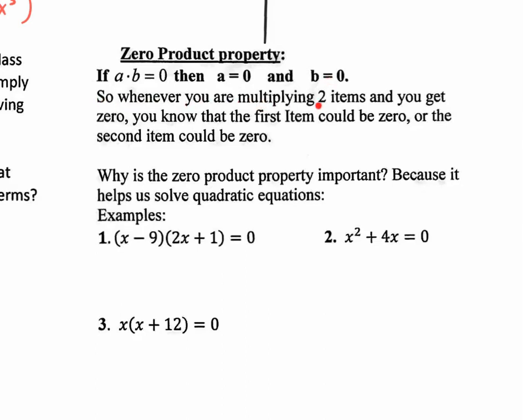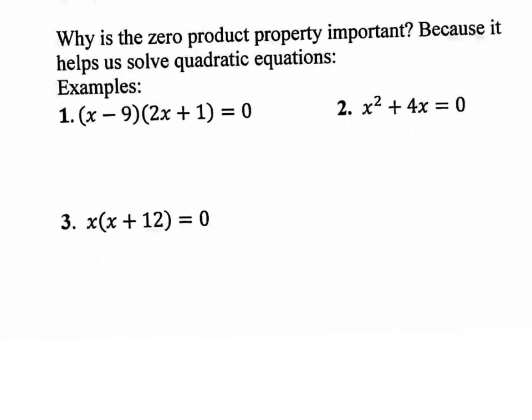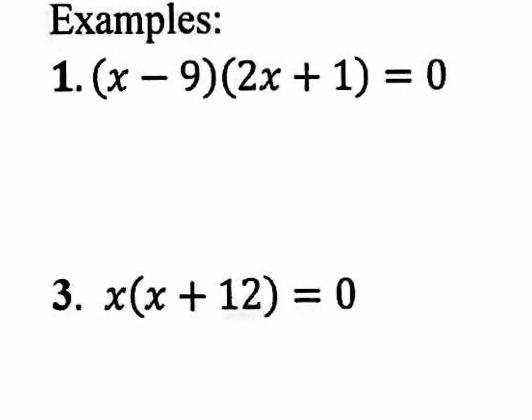So whenever you're multiplying 2 items and you get 0, you know that the first item could be 0 or the second item could be 0. Very easy to understand, the zero product property. So why is the zero product property important? Because it helps us solve quadratic equations. Now, if we take a look at number 1, this is an equation.